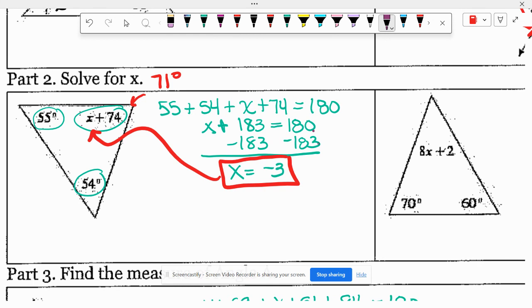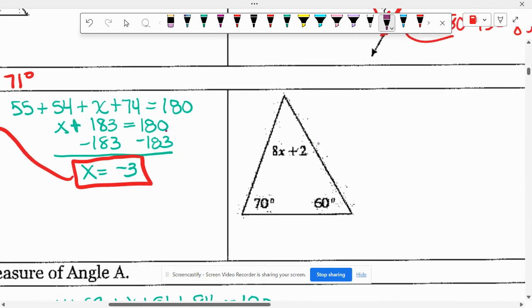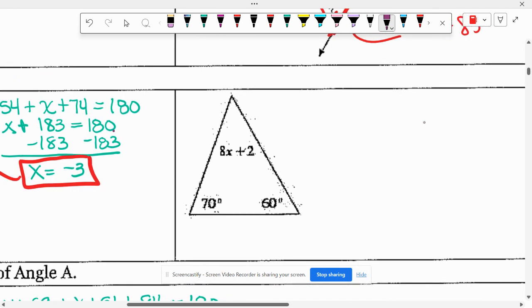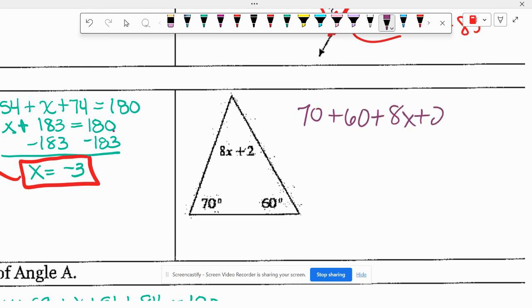So I'm going to jump over to this second one. Who feels like they can set this up for me? Quali, go ahead. So 70 and 60 is 130 plus 2, 132 plus 8x equals 180.